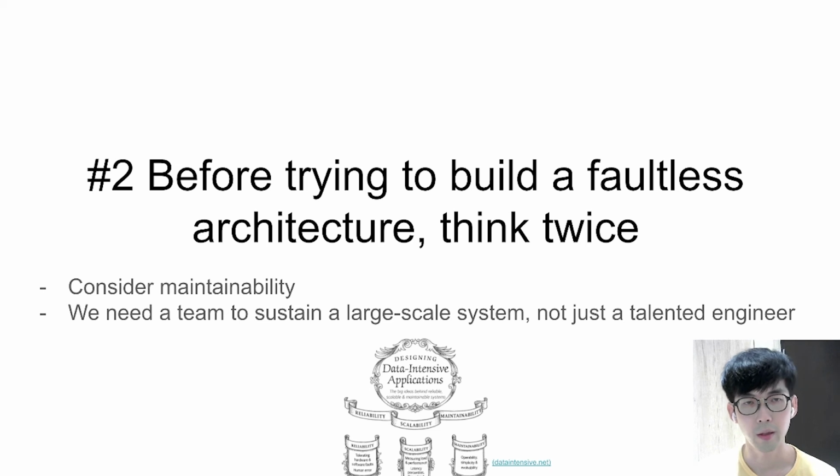Although the incidents I mentioned are primarily about scalability and reliability, maintainability also plays an important role behind the scenes. Generally speaking, a data-intensive application is also a large-scale system, right? It's essential to have a talented team to support and evolve it. No one can do it by herself.